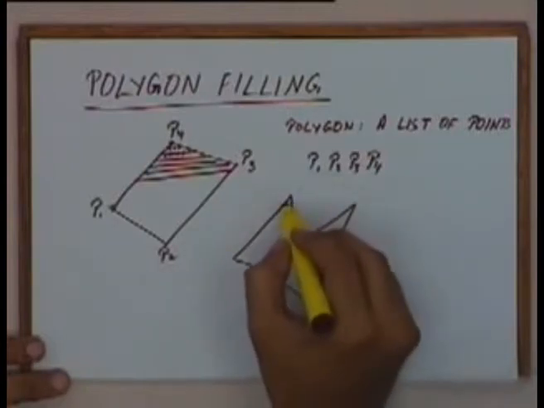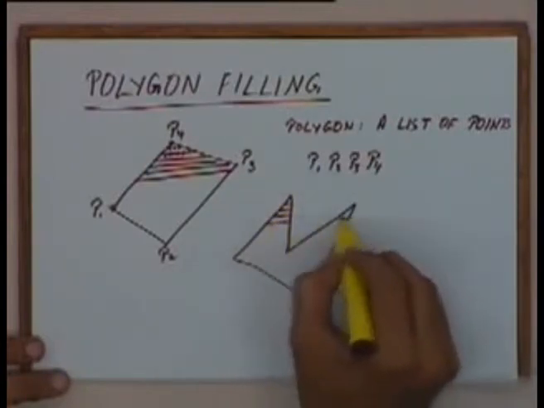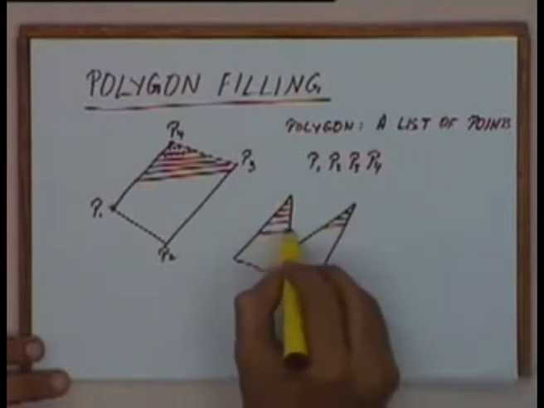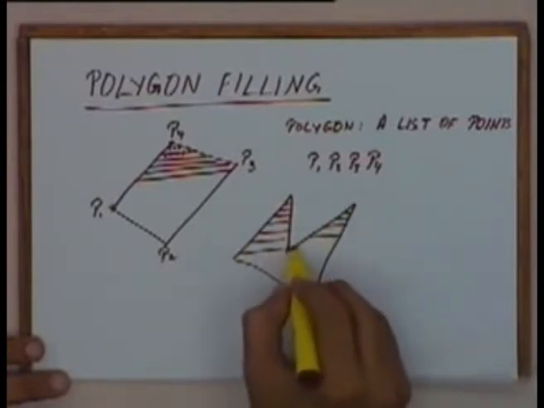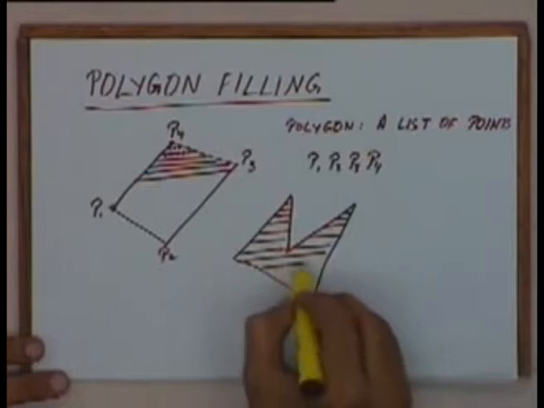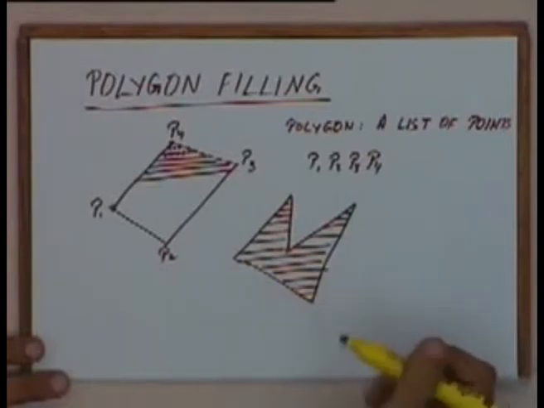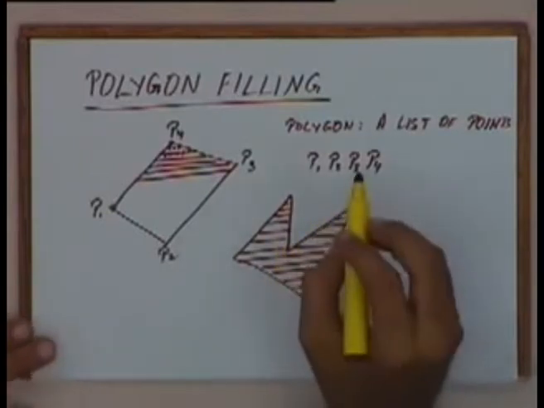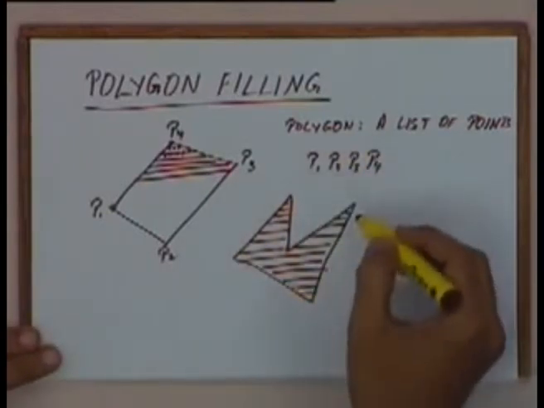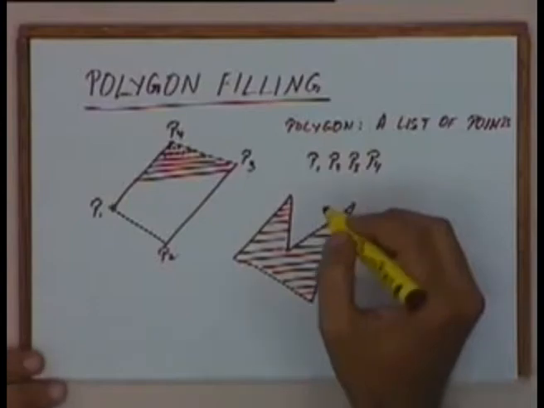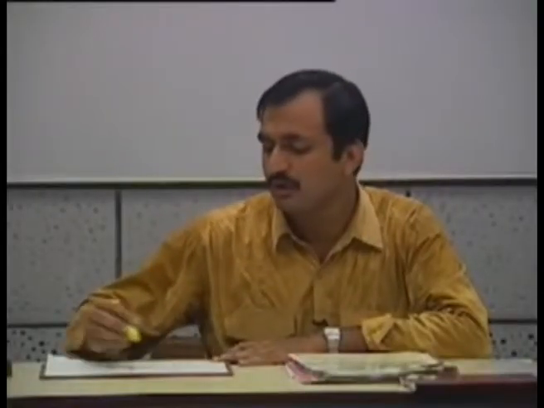So, in the case of a concave polygon, a similar thing would be done. Okay. For the time being, we will see algorithms which are going to fill the area by a set of highlighted pixels. We are not going to see algorithms which are going to hatch a given area.